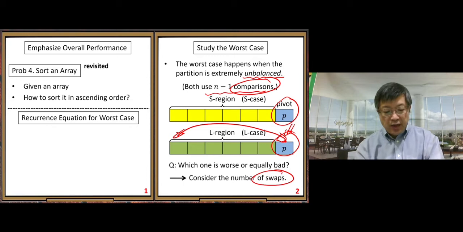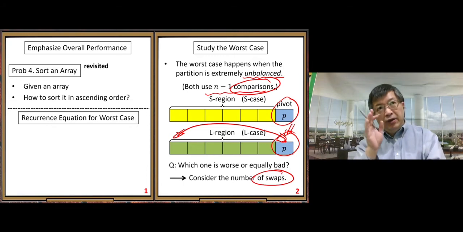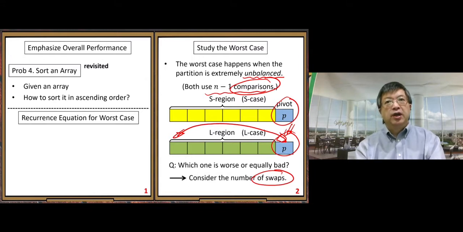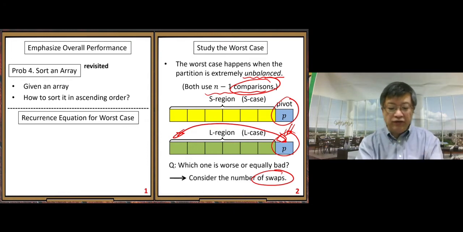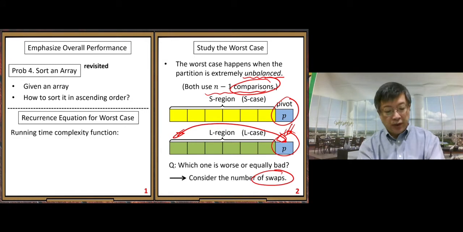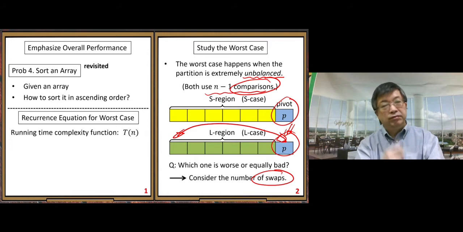All right. After that, now we want to use mathematical analysis to see the worst case efficiency. Here we want to derive the recurrence equation for the worst case. First, we define a running time complexity function T of n, where n is the problem size.